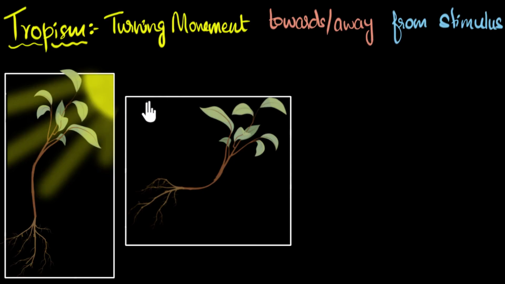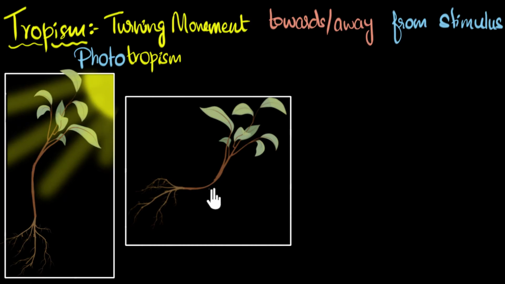All right, now before we go ahead and look at more examples, let's see how to name these tropic movements. The names depend on the stimuli, okay? For example, over here, the stimulus for that bending movement or turning movement is light or photo. So these tropic movements are called phototropism.